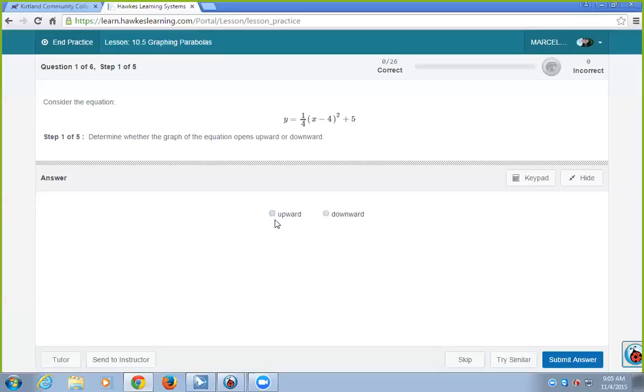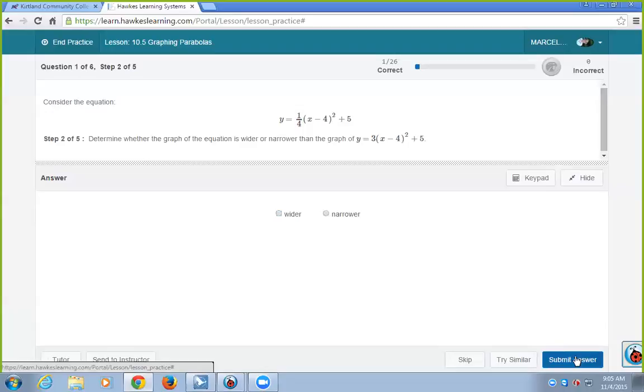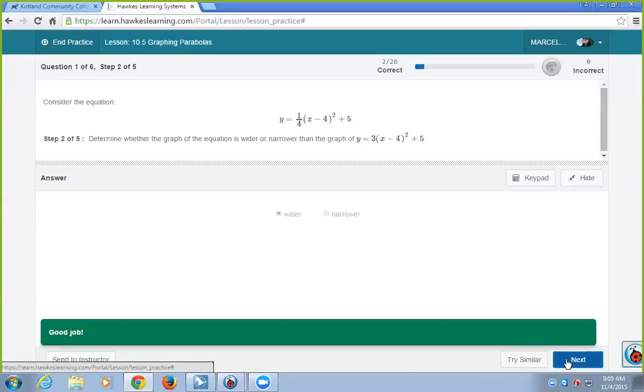So it is upward, because we know there's no negative out in front of my a. Then we know, is it wide or narrow? So we would click wide because it's a quarter. And I better go, well, I can't go back, so I got that one right.